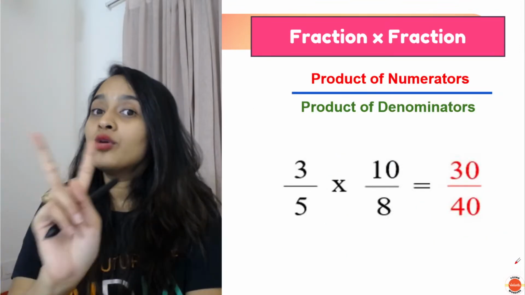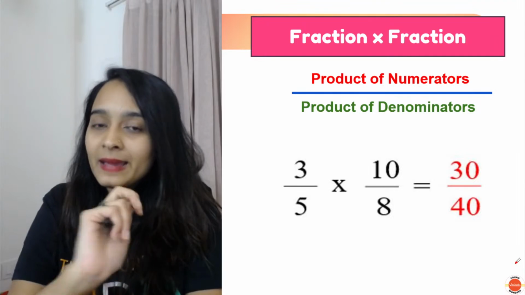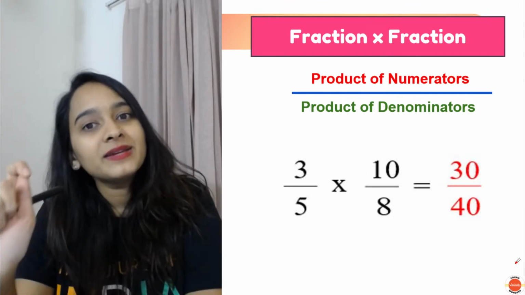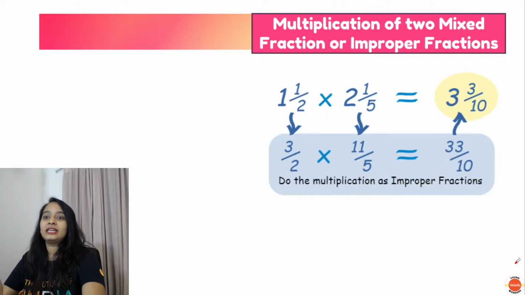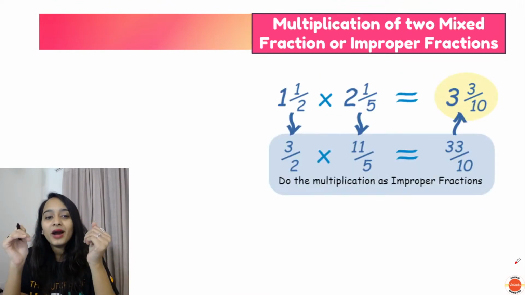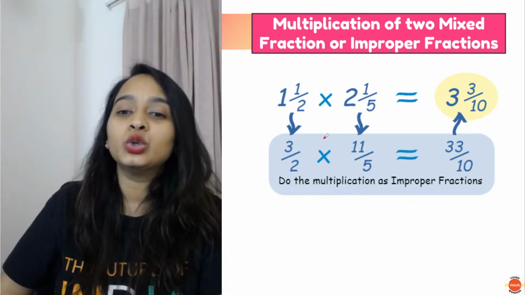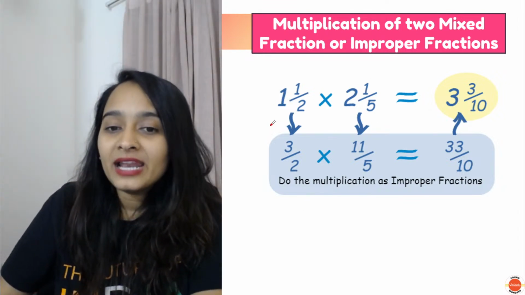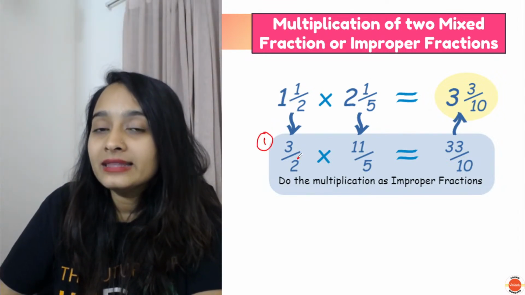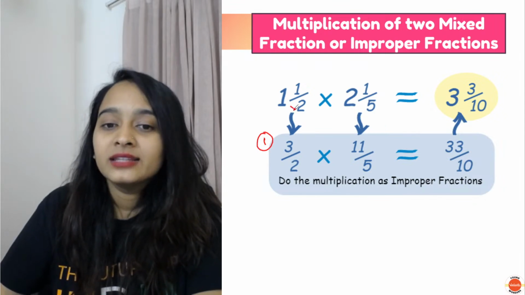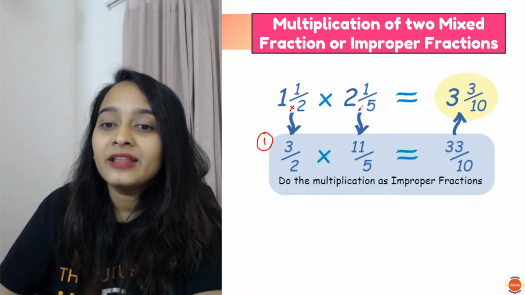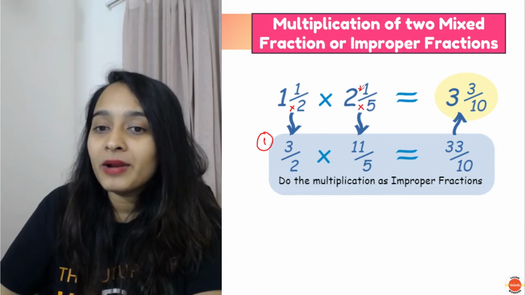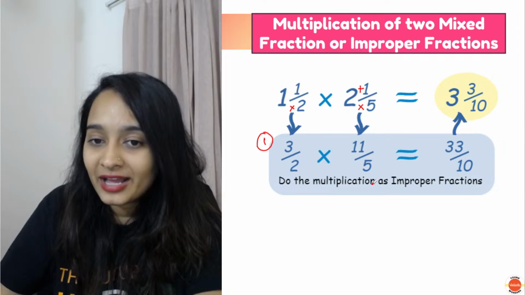If you have two mixed fractions, what will you do? Same, convert both the mixed fractions into improper. Let's try one question, okay? Take this: 1 1 by 2 multiplied by 2 1 by 5. So what was the first step we did? We have converted them into improper fractions. 2 into 1 is 2, plus 1, 3 by 2, multiplied with 5 into 2 is 10, 10 plus 1, 11 by 5.